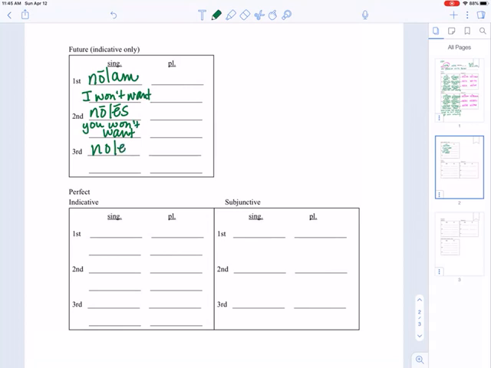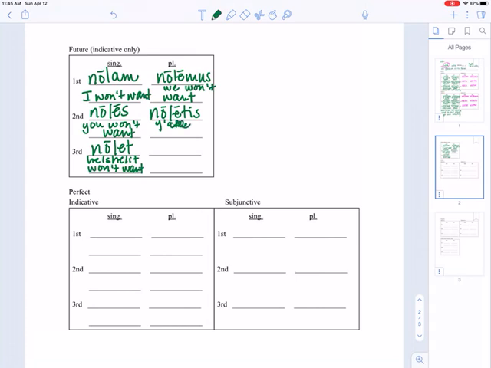Third singular is nōlet, and this is he, she, or it won't want. Okay. For first plural, we will have nōlēmus, and this is we won't want.